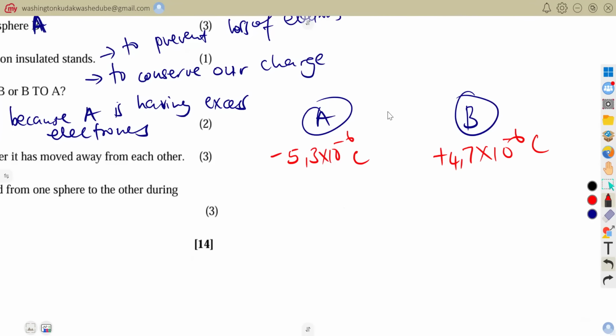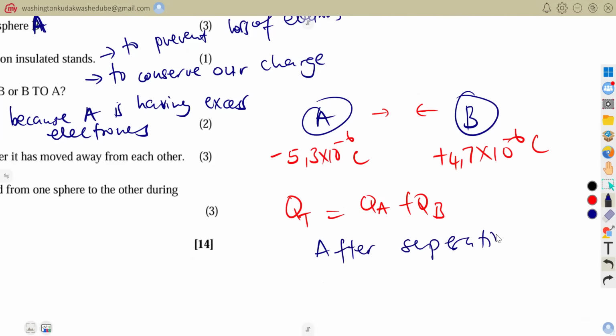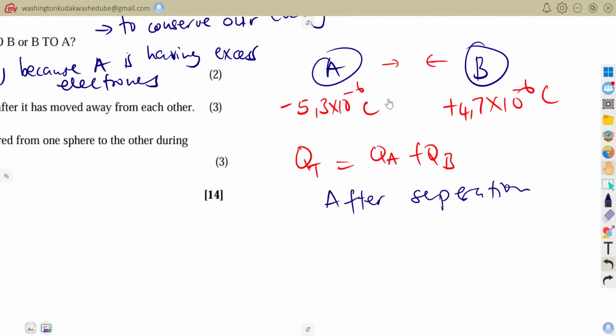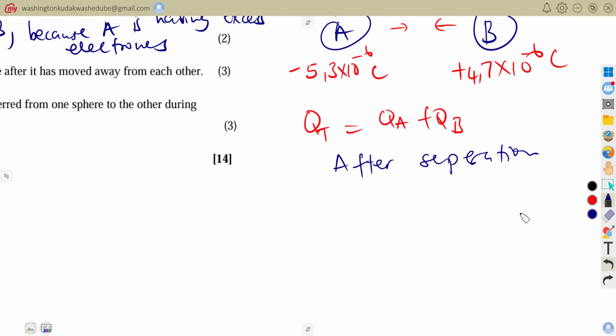Now, when they are brought together, the total charge becomes charge A plus charge B. When they are now separated, after separation, each individual sphere will carry an equal charge. So after separation, Q of each would be equal to Q total over 2.